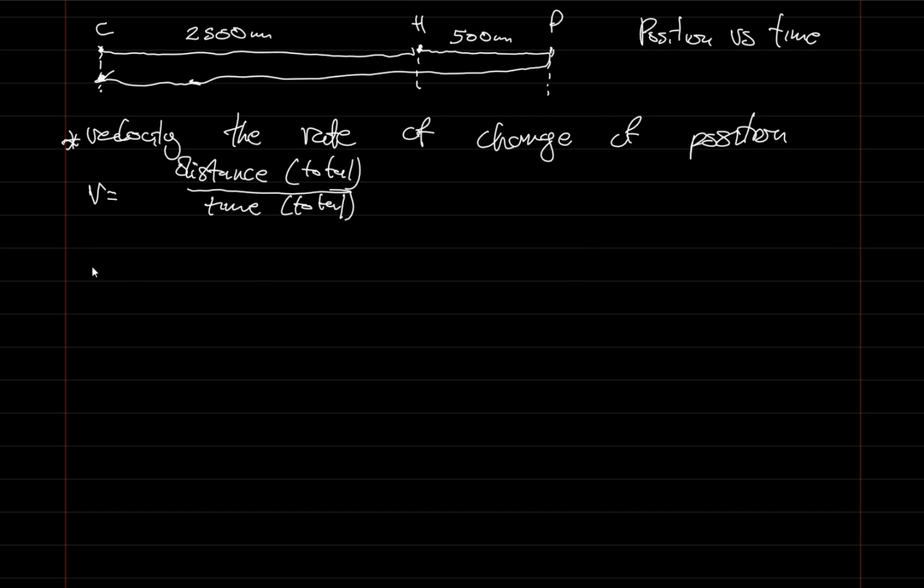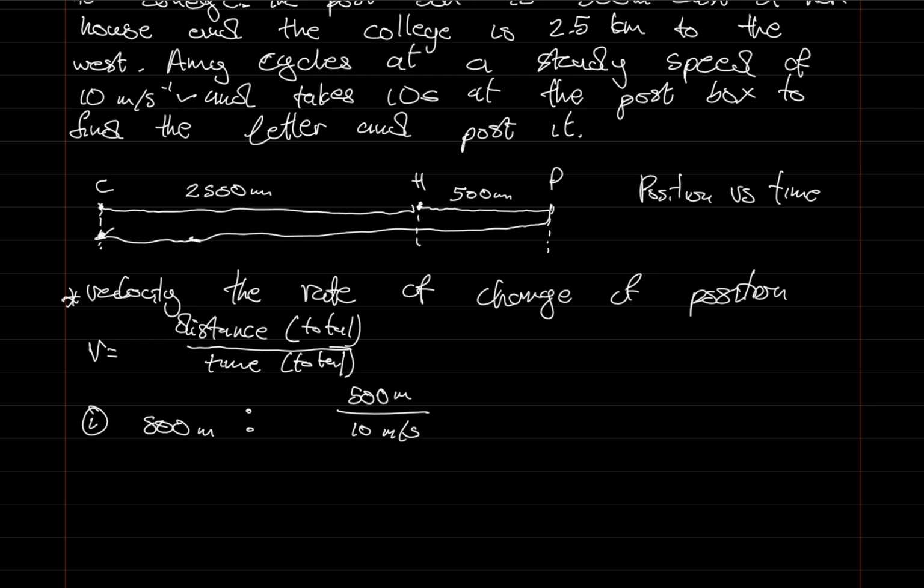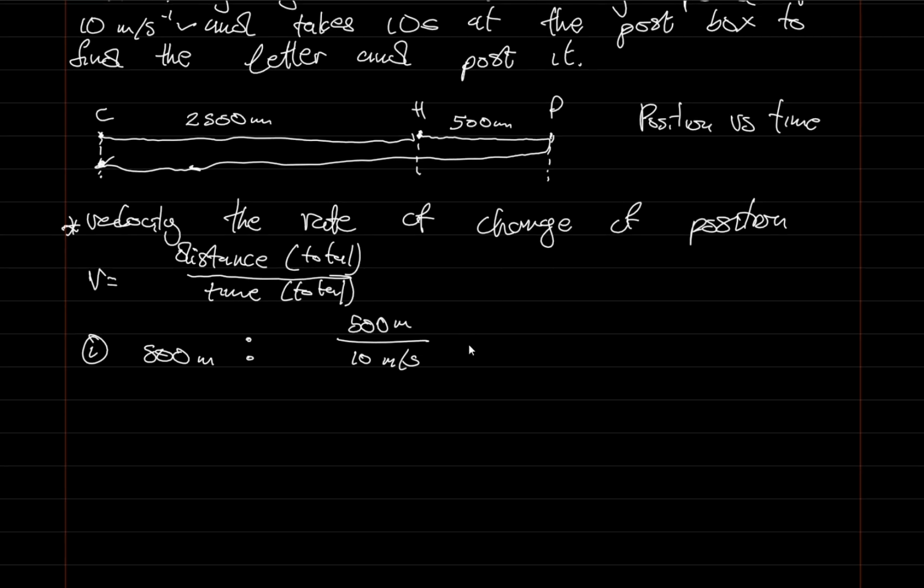So scenario number one, she travels 500 meters. We know the distance, but what do we want to know? We want to know how much time she took. Well, we know that it's 500 meters. If you divide that by the speed, which is 10 meters per second, which was given right here, we get a time of 50 seconds.